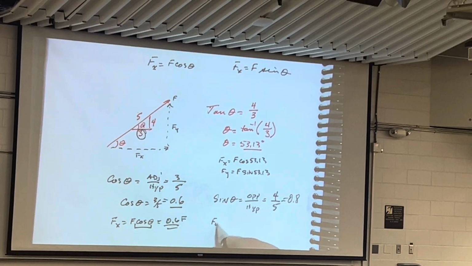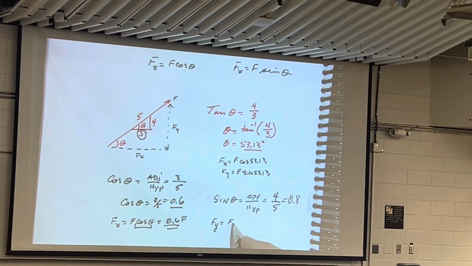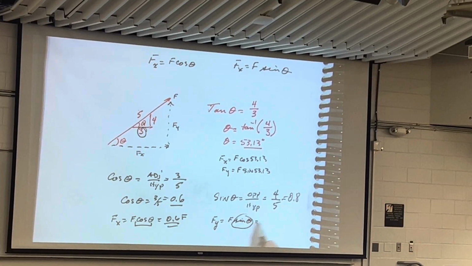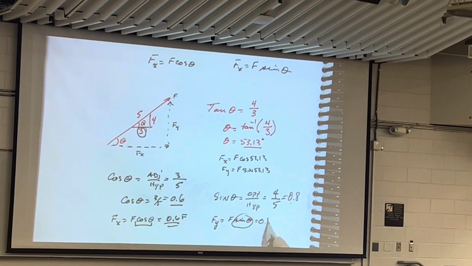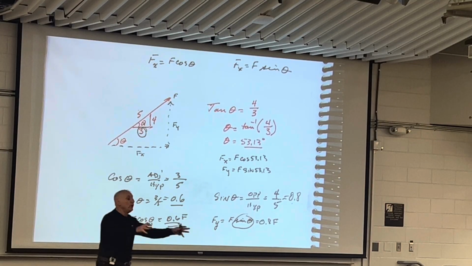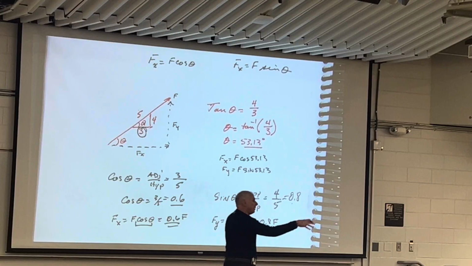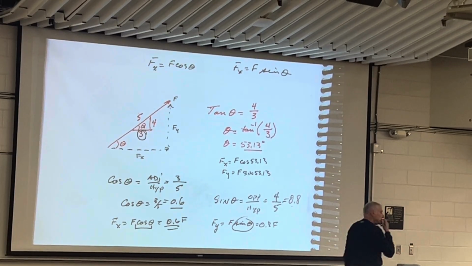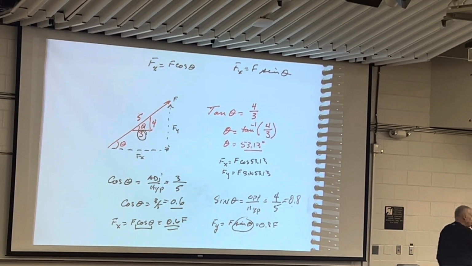And now Fy is F sine of the angle, but sine of the angle itself is 0.8, so it's just 0.8 F. And never really calculating the actual angle. You with me? I don't have to calculate the angle.